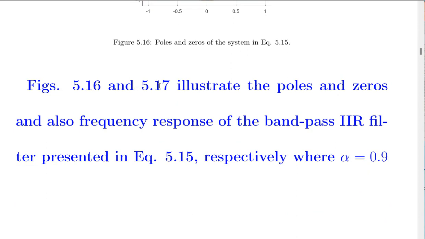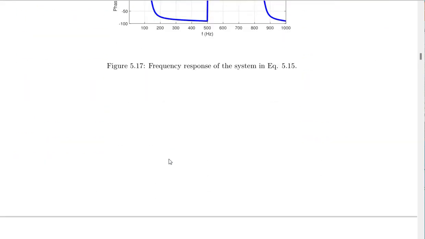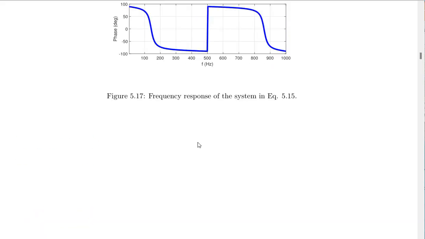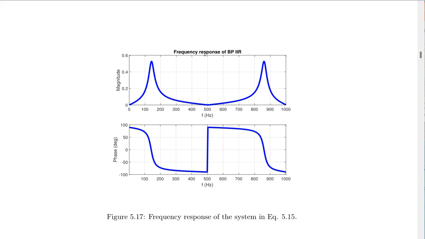Figures 5.16 and 17 illustrate the poles and zeros and also frequency response of the bandpass IIR filter presented in equation 5.50 respectively, where alpha is assumed to be 0.9 again and beta be equal to 0.6. Here you see frequency response of bandpass filter. Middle range frequencies have passed, but no permission for low and high frequencies.